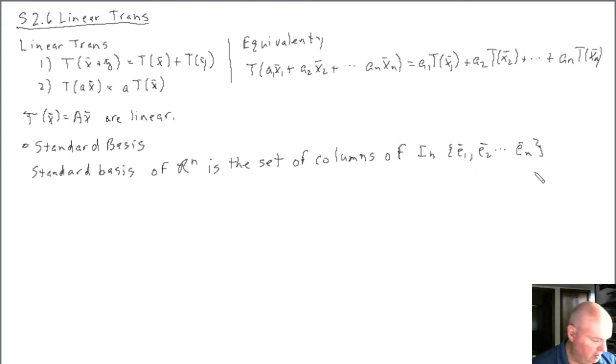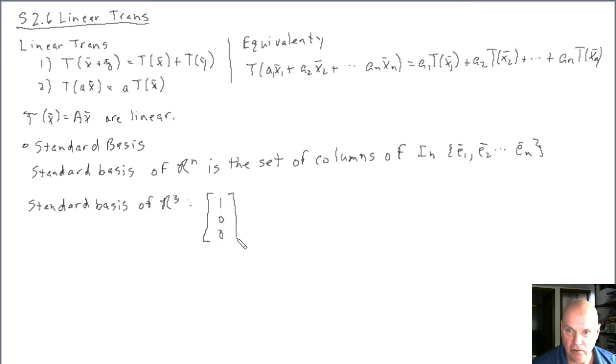So each one of these would have a 1 in the corresponding position. You're familiar with this concept. I think you've seen it certainly in 2 dimensions and 3 dimensions in your physics class. So the standard basis of R3, for example, would be the following vectors: 1, 0, 0, and so on.